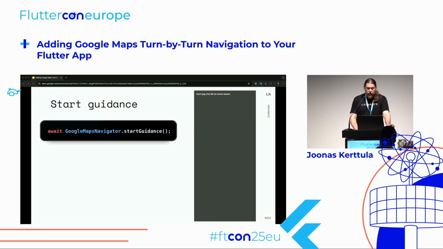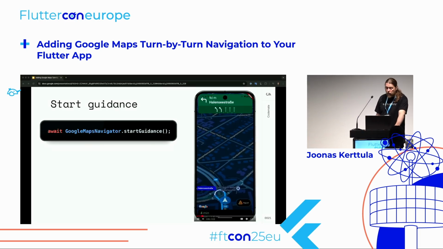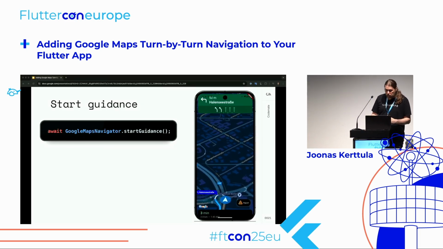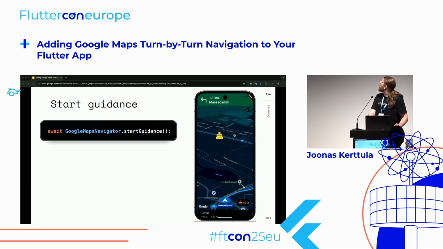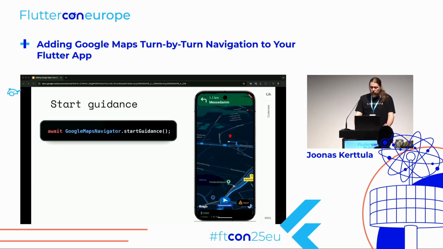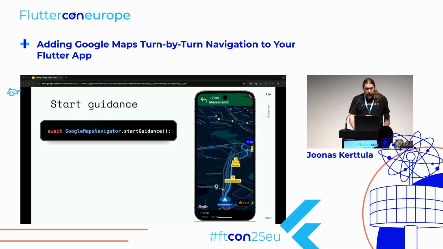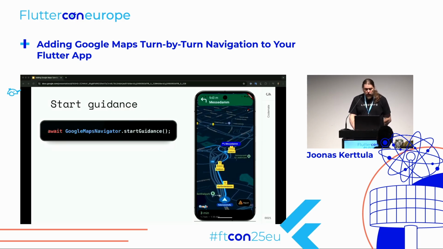And the next important step is to start the guidance. And when the guidance is started, okay, it doesn't show the video for some reason. Yeah, now it started. So when you start the guidance, it automatically starts to animate the map, and all of this is processed by the native library underneath.